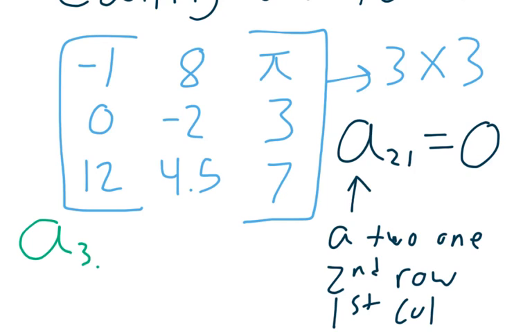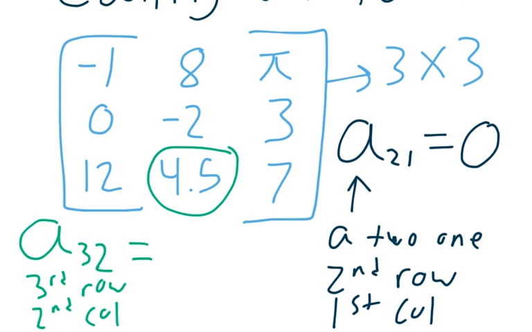This means third row and second column. What term would that be? Third row, second column, right there. And the first one again, second row, first column was right there. So there you go. I'm going to erase this to save space.